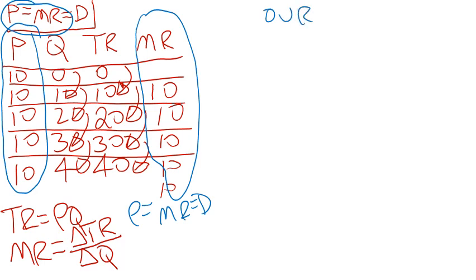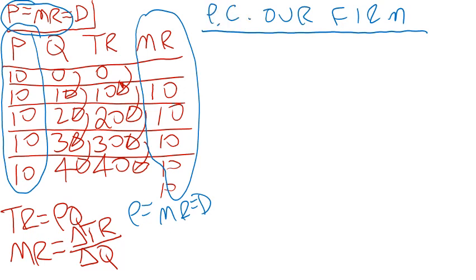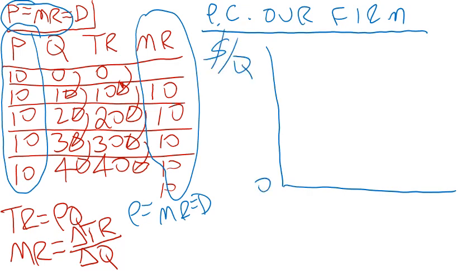So here's our firm, PC for pure competition. That's the first market structure. Here we have per unit values, AFC, AVC, ATC, MC, price. And on the x-axis we have quantity.